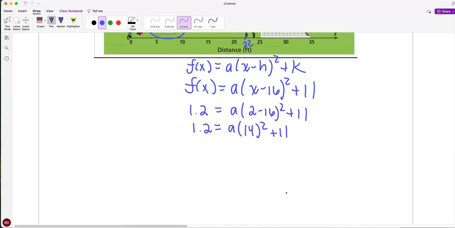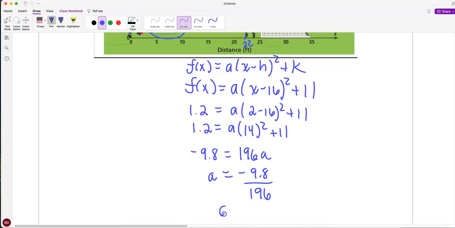So what do I get here? I get minus 9.8 equals 196 a. So a is negative 9.8 over 196.